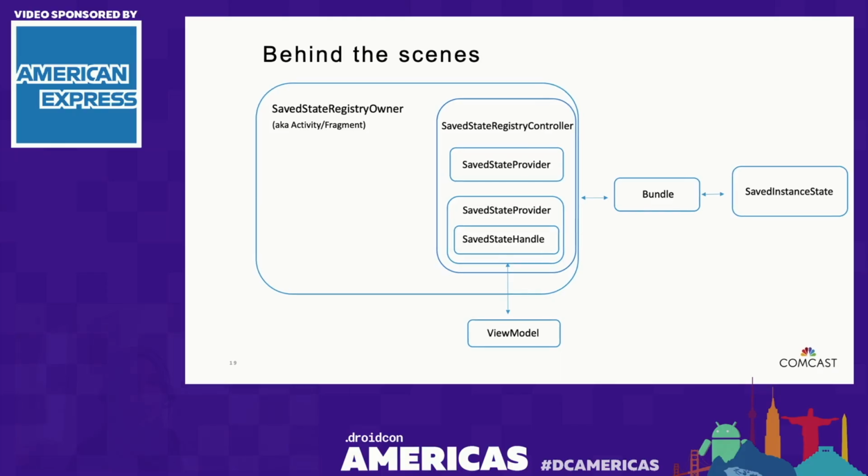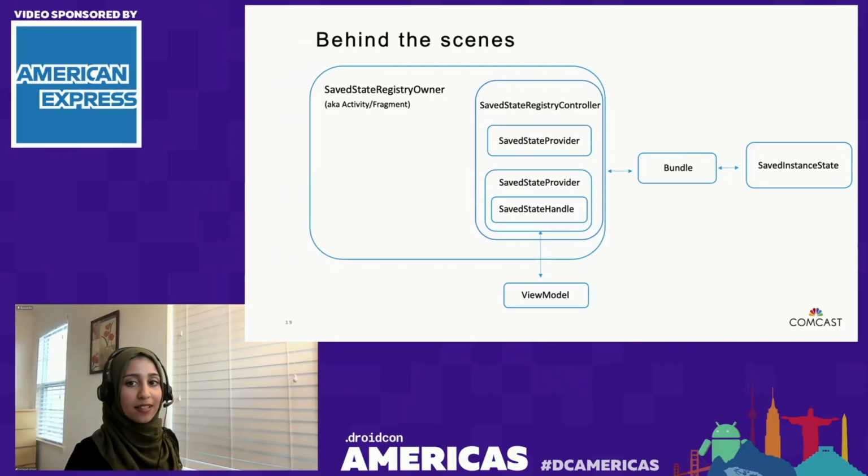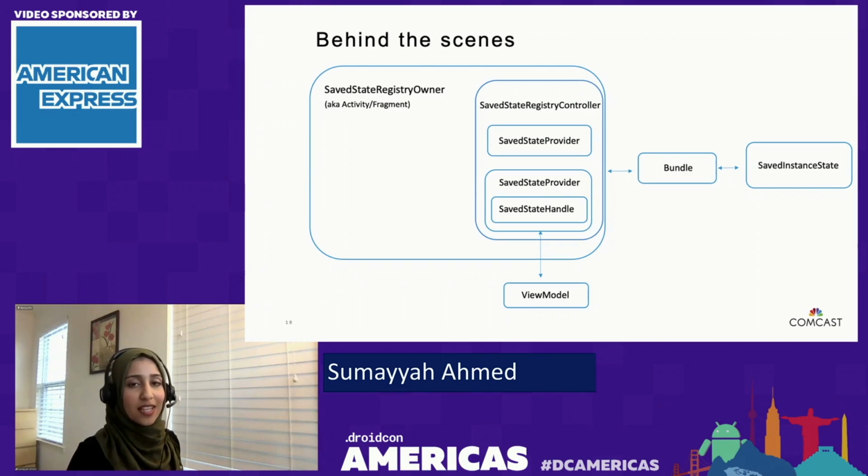So essentially, SavedStateHandle makes it not just easy as a developer to write clean code and write code that follows best practices, but it also ensures that by using SavedStateHandle, we're creating a delightful user experience, and we're creating more robust applications that can survive real life situations.